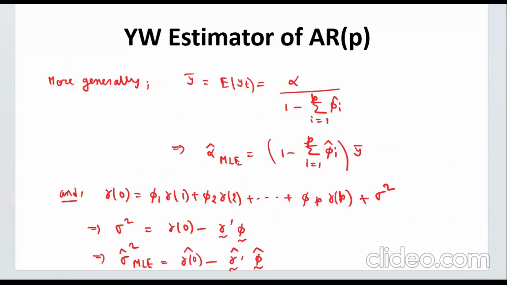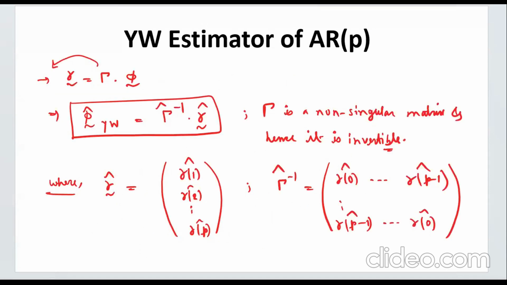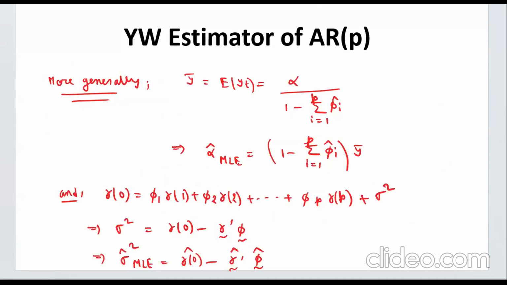And the final thing that we wanted to show is what will be alpha and what will be sigma. Since phi's are already done, right? This is the expression for phi. The rest two parameters are alpha and sigma. So we have equated the population and the sample moment. Y bar is the expectation of yt. The expectation of yt expression is this.